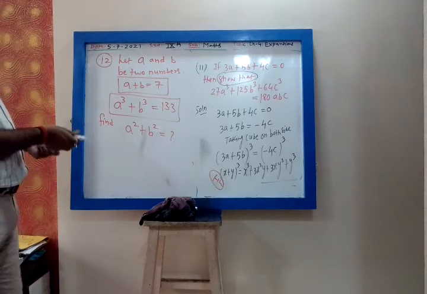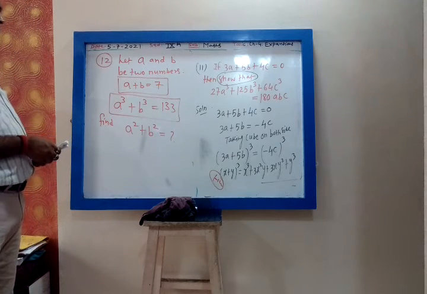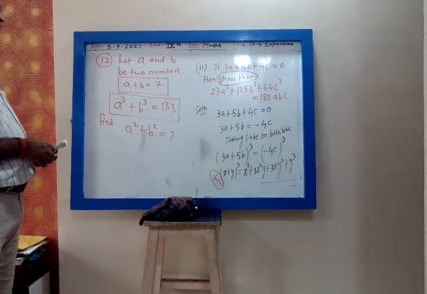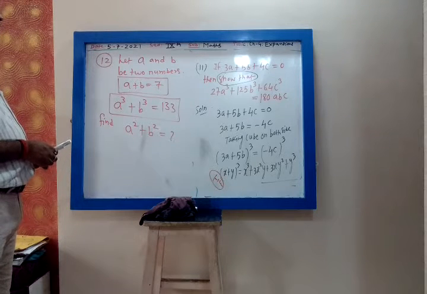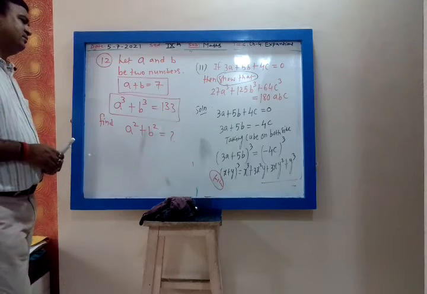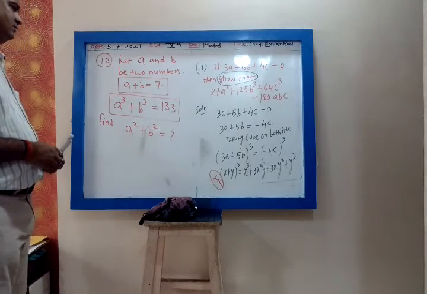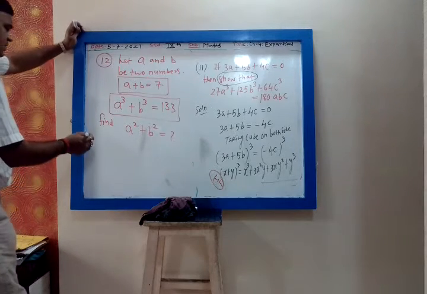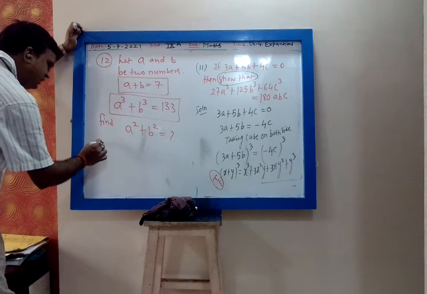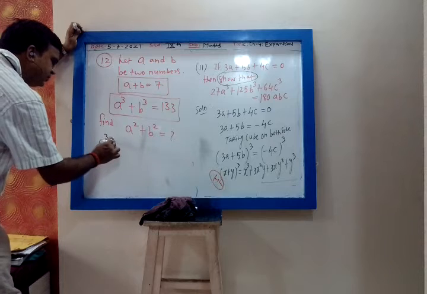Already we have done this type of problem, my dear. Can you find it? Are you getting it? You want me to solve? Let me solve. You are given a plus b. So let us use the formula for a cube plus b cube.